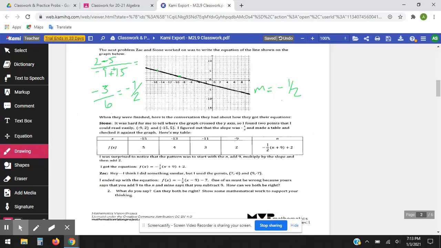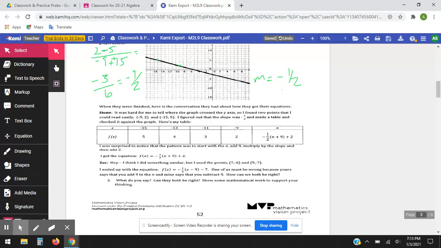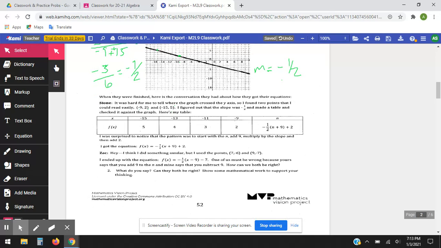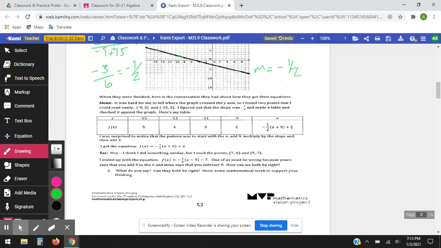So when she did that, she was surprised to notice the pattern was to start with n, add 9, and multiply by the slope, and then add 2. So she kind of got the equation of f of x equals -1/2 times x plus 9, plus 2.